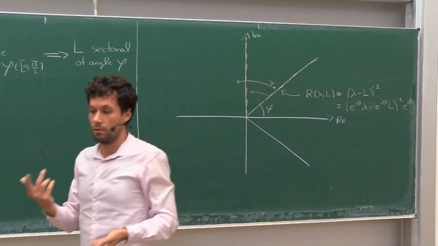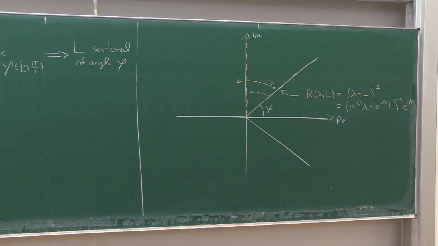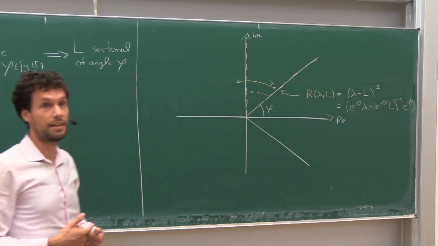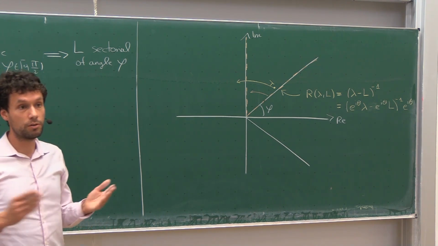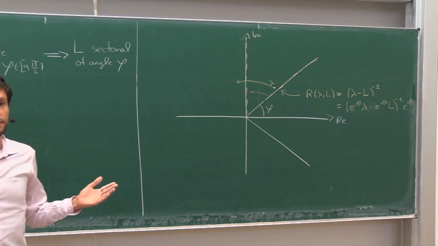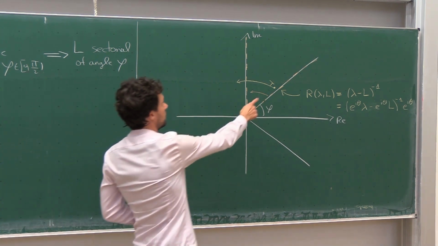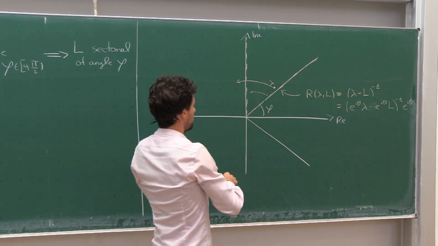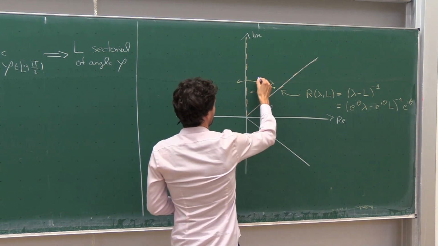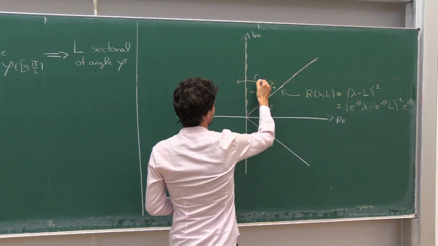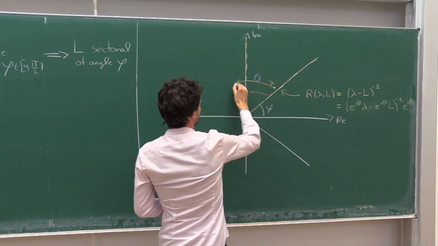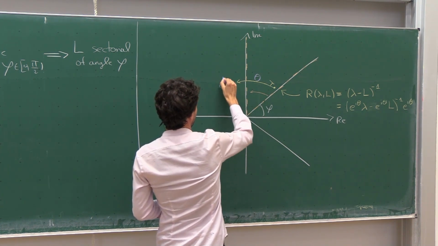And so the only thing that you have to do in this proof, and it's only the details that are somehow tedious to write out, but modulo these details that you find in the lecture notes, the proof is extremely simple. I take the lambda, I use a rotation by an angle theta to put the rotated lambda over here.